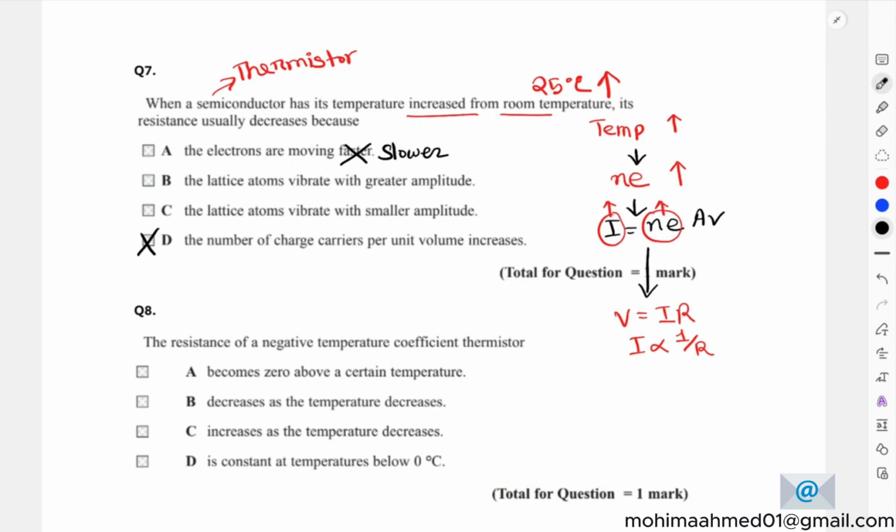For the decrease in current, obviously resistance will increase, right? Again, the same equation, V equals IR, since current and resistance are inversely proportional. Now this would be the correct answer for the filament bulb. But as we are not talking about the filament bulb, nothing to be concerned about.